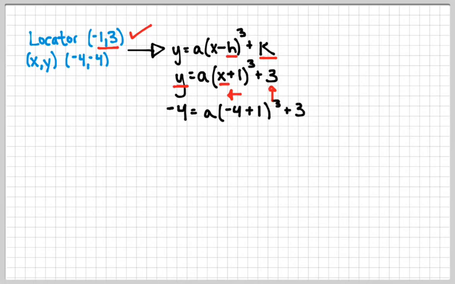Now the nice thing about doing this is now we can isolate a. In order to isolate a, the rest is all algebra. We'll just isolate the a by simplifying the algebra around.